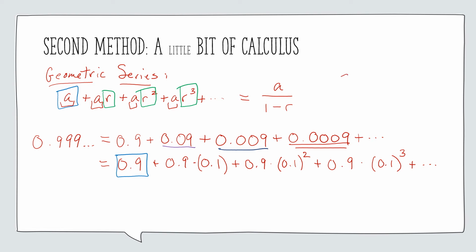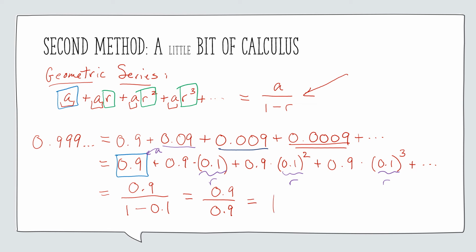So using our rule up at the top here, we know that this is equal to a divided by 1 minus r. So again, this is our a value, and here's our r value. But now, if we simplify this, this is the same as 0.9 divided by 0.9, or 1.